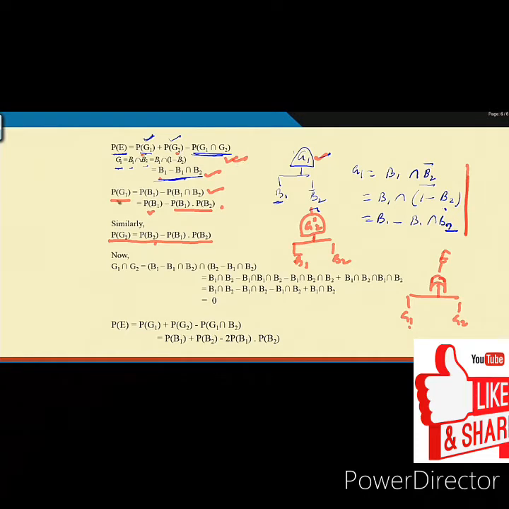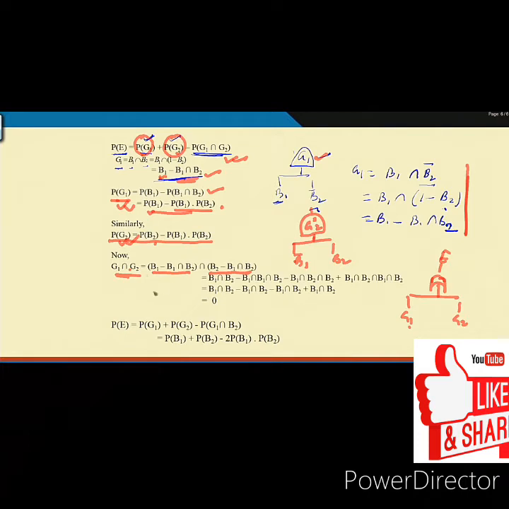We have quantified PG1 by this method and PG2 by this method, but the intersection is not quantified yet. So, if you write G1 intersection G2, you have already seen that G1 equals B1 minus this, and G2 is written like this.